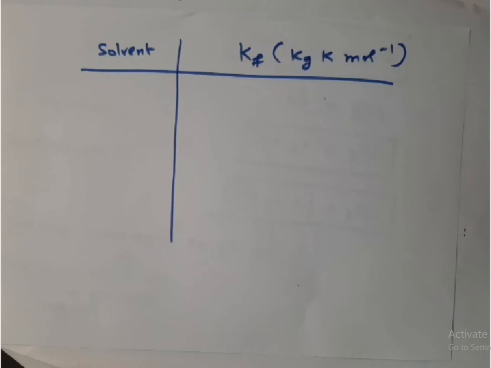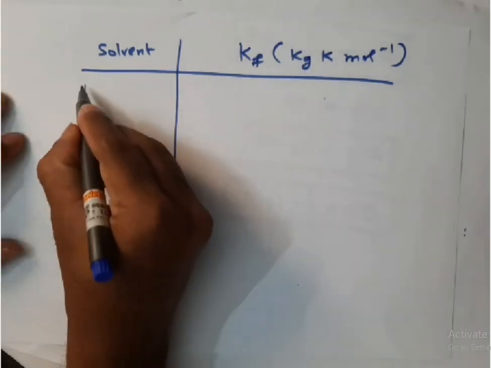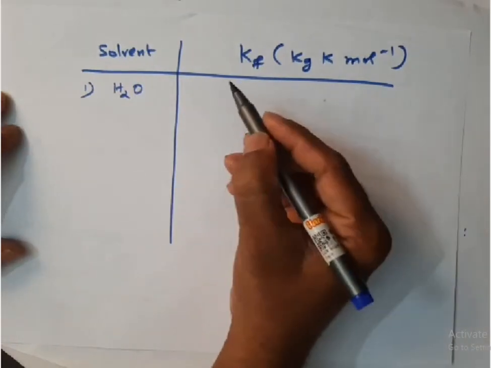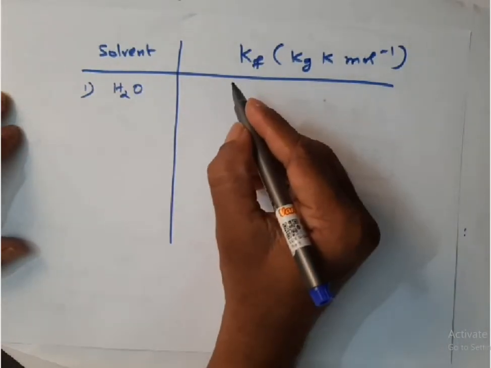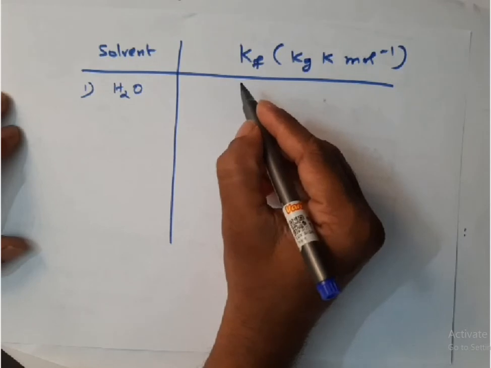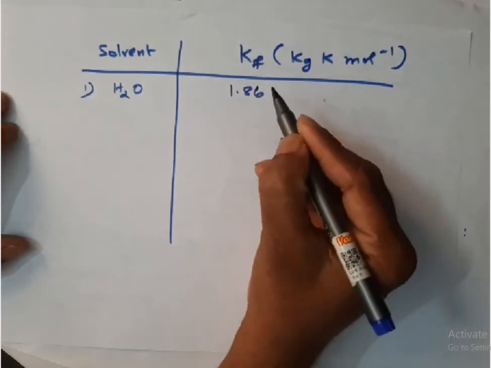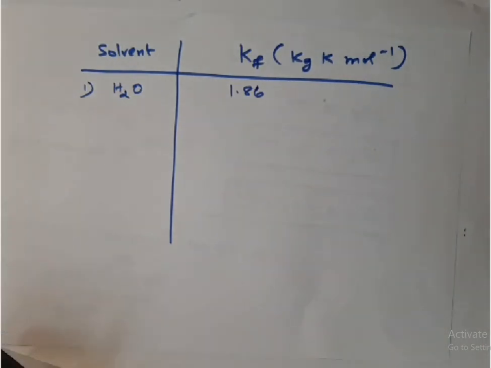The values are for water. If you use water as the solvent, then the value of Kf is 1.86. Students, note down.